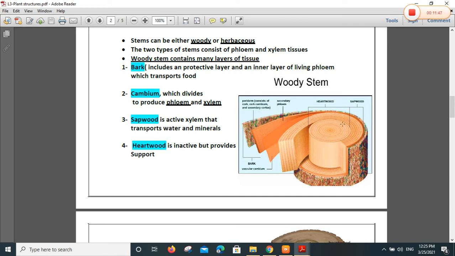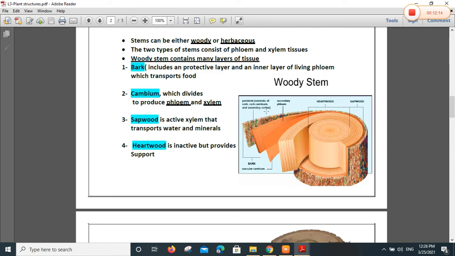Sapwood is the active xylem that transports water from the soil to the rest of the plant. So we have 2 main parts that make the wood of the log: sapwood and heartwood, and also the cambium.